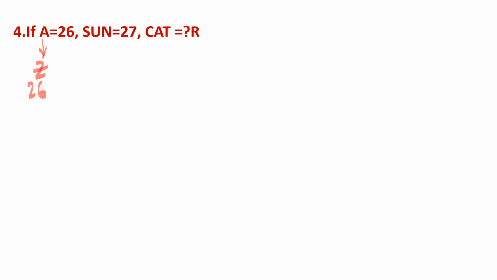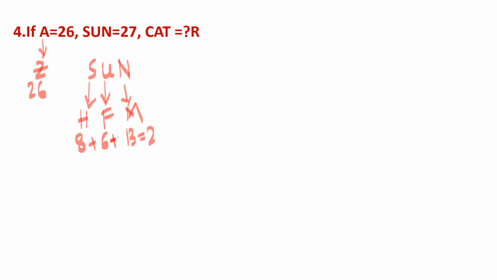A's opposite letter is Z. S's opposite letter is H. S, U, N: S opposite letter is H, U opposite letter is F, N opposite letter is M. That is 8, 6, 13. 8 plus 6 is 14, 14 plus 13 is 27.